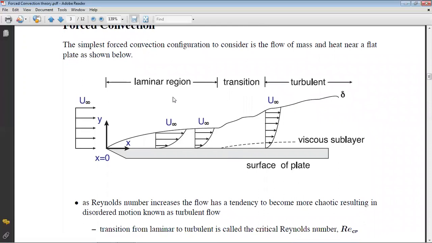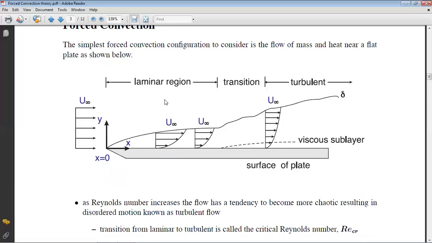As you all know, laminar flow or turbulent flow is determined using a dimensionless number, that is the Reynolds number. For a flat plate, the critical Reynolds number is 5 into 10 to the power 5.